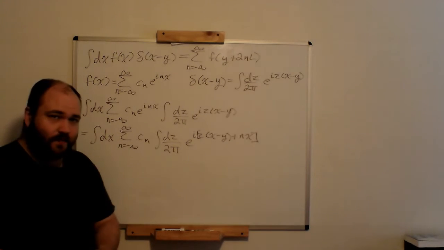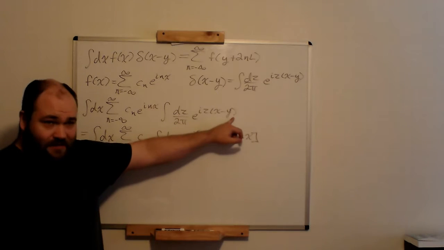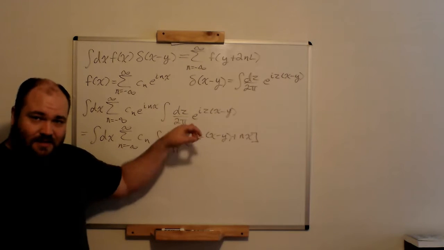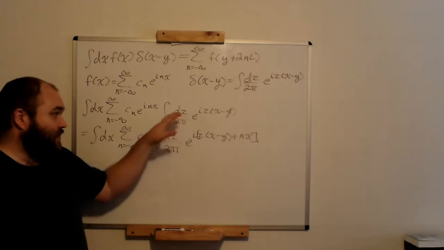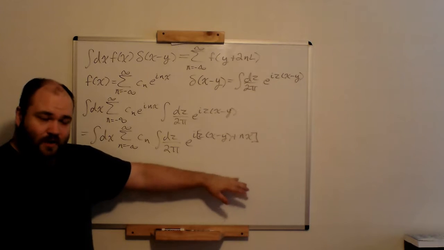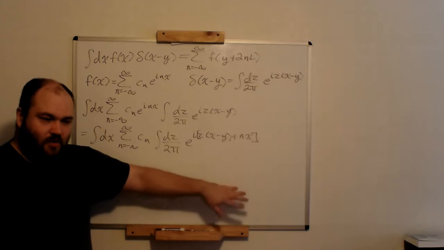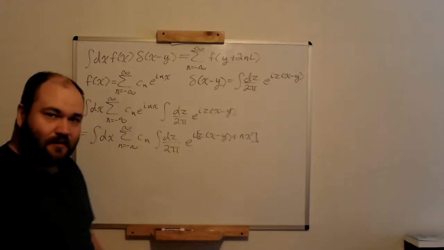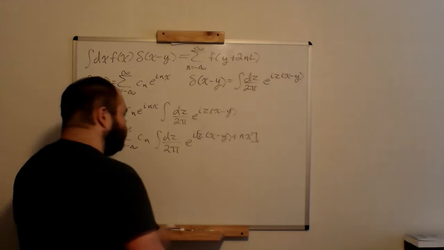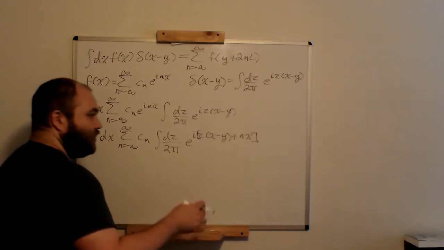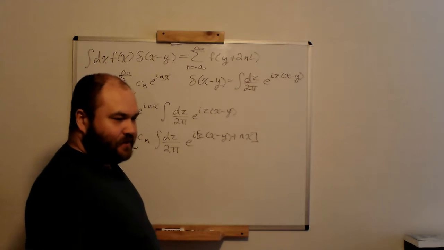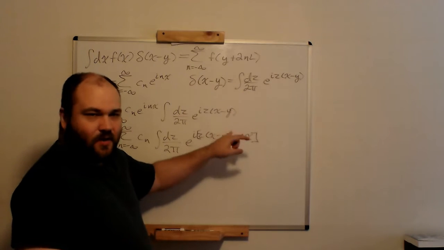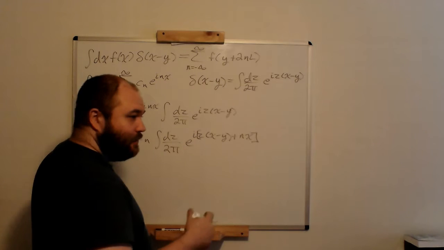Just a quick note, the whole reason that I'm bringing this inside of the exponent inside of the dz integral right now is because later on, when we use the Cauchy integral formula, it'll make even more sense why I did this in the beginning. But you don't have to. You get the same results no matter what. I just wanted everything in one location so I can move on and not have to worry about that later.